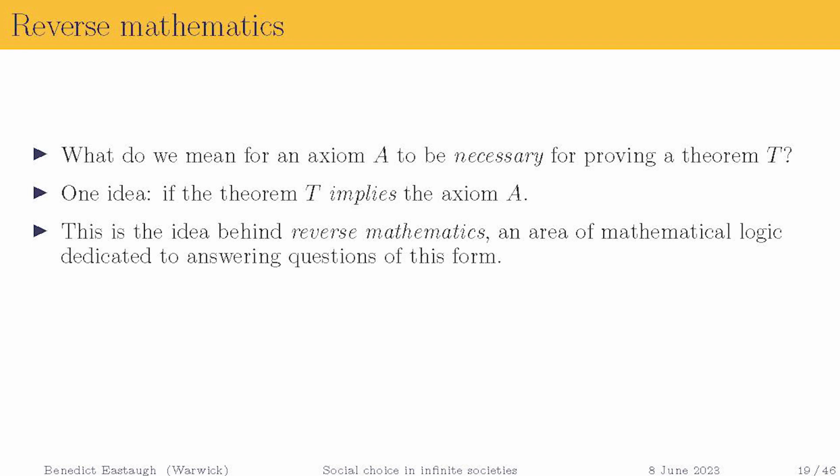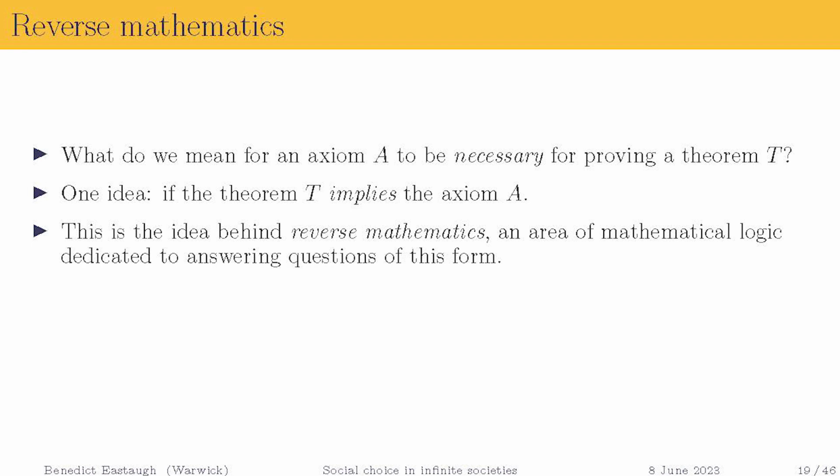And reverse mathematics is just a subfield of mathematical logic connected to computability theory and proof theory that's really dedicated to answering questions of this form. And there have been hundreds and hundreds of ordinary mathematical theorems analyzed in this way using this framework.